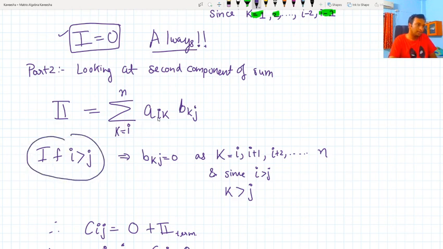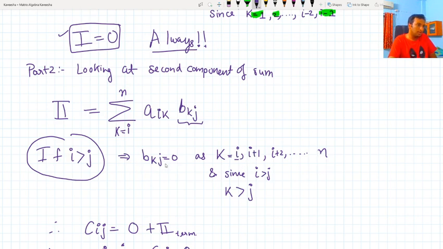The second term is b_kj, and since the summation goes from i to n, the first term in this series is b_ij, the second term is b_(i+1)j, and so on up to b_nj.